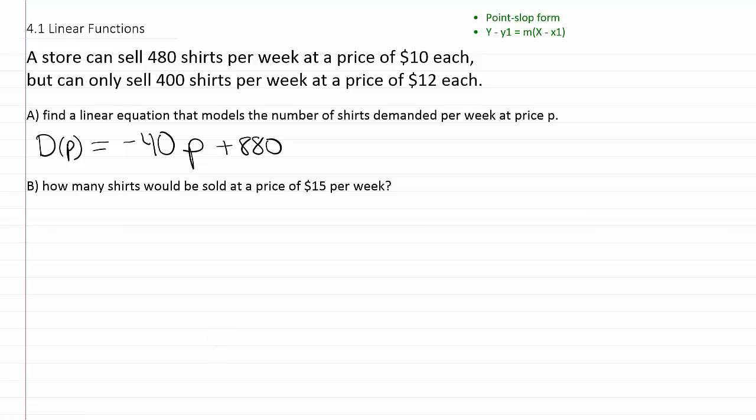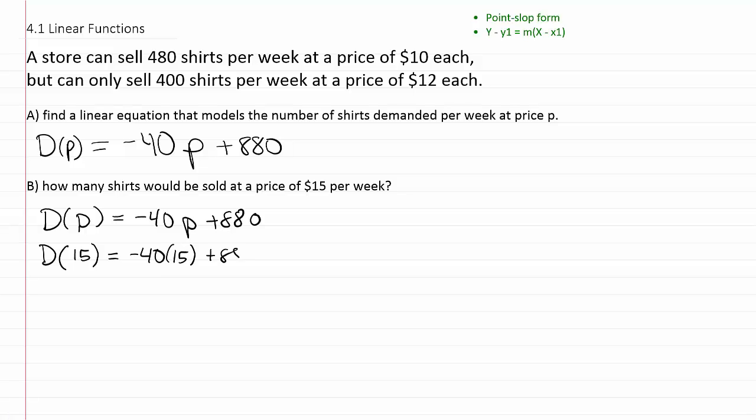So d of p is negative 40p plus 880, and d evaluated at $15 is d of 15, which is negative 40 times 15 plus 880. Negative 40 times 15 is negative 600, plus 880, and you get the answer 280. So the demand for shirts priced at $15 is 280 shirts per week.